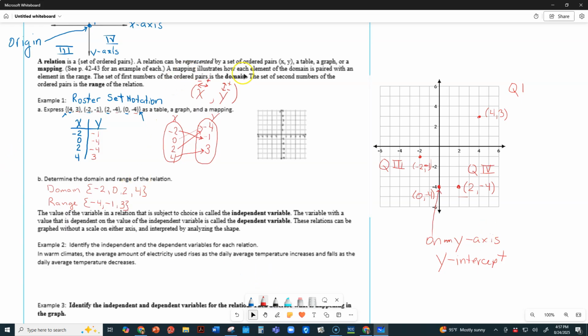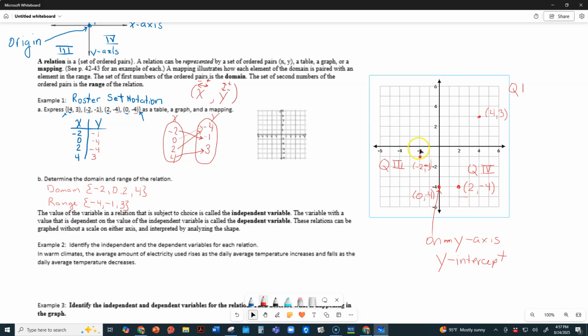Domain, it's defined right here. The domain, it says, is the first number in each one of the ordered pairs. So it's this list of X values. You can see where it crosses, where we went on the X-axis to get to this point.